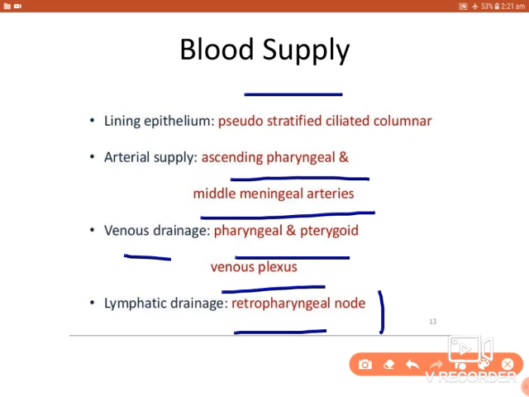Okay. Then the lining epithelium. The inner surface of the bony part and the cartilaginous part are lined by mucosa. The cartilaginous part is lined by pseudostratified ciliated columnar epithelium with numerous mucous glands, and the bony part is lined by simple cuboidal epithelium.